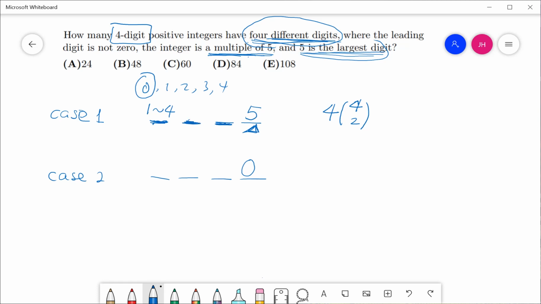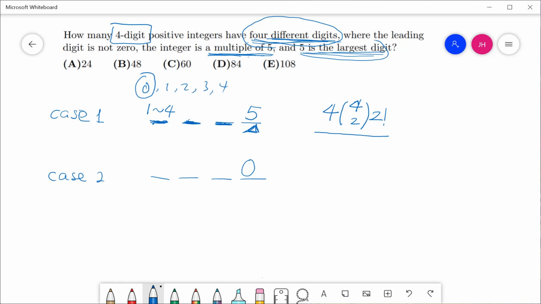One goes to the second and the other goes to the third, or vice versa. So we have 2 factorial, which is basically 2. This expression gives the number of integers that satisfy case 1. We'll leave the computation to the end.